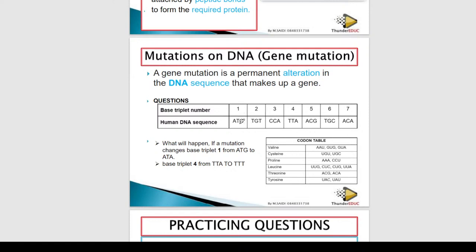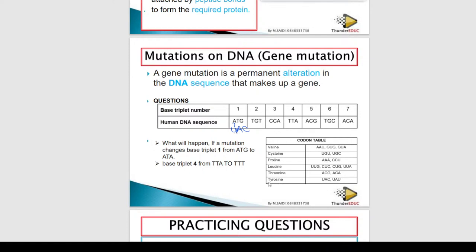Remember, the codon is found on messenger RNA. A goes with U, T goes with A, G goes with C. So it is UAC.